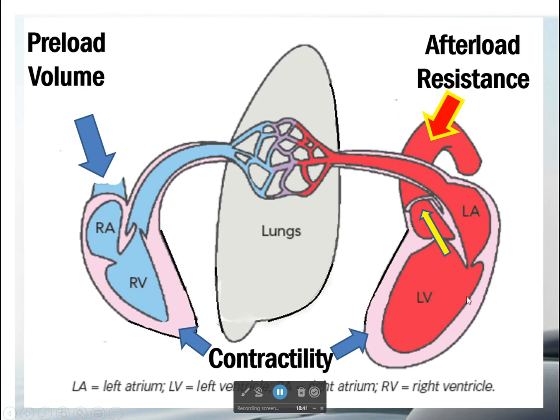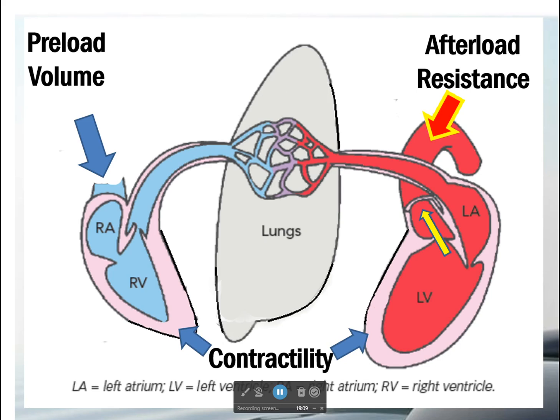Then the left atrium and left ventricles contract and eject blood. That's this yellow arrow with the blue line, is the blood moving out into the aorta. As the blood moves into the aorta, it encounters resistance. Resistance is the tone of the arteries as the blood is ejected out of the ventricle. That's resistance.